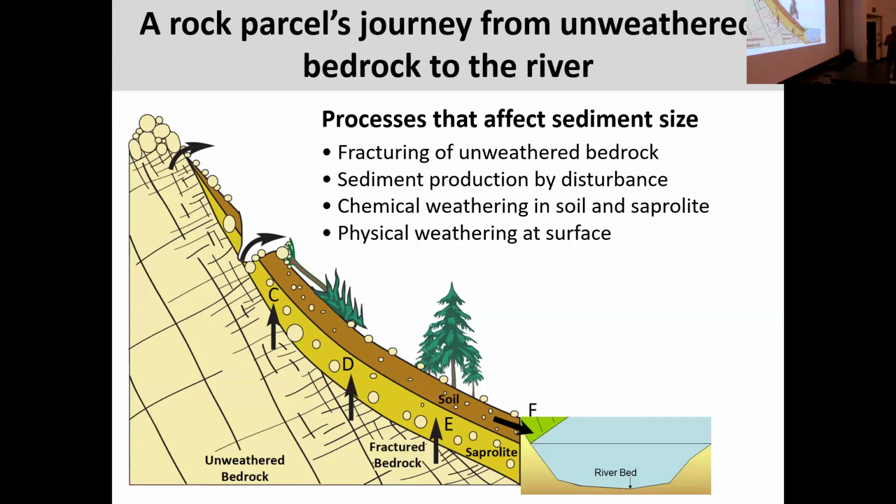And as it gets closer to the surface, it encounters fluids and gases and organisms, and it weathers, it is chemically altered, and it's also altered by physical processes at the surface. And ultimately, it evolves into soil in some landscapes, into saprolite before it gets to the soil, and all that stuff ends up in the river at some point in some state.